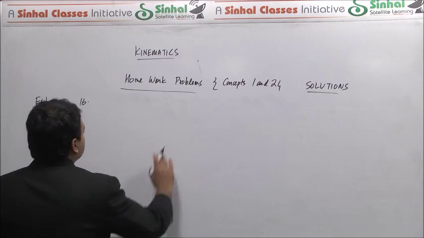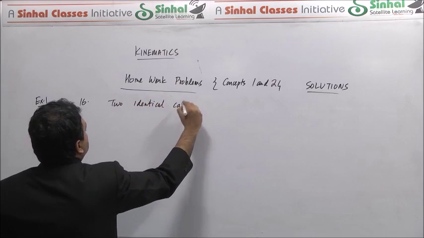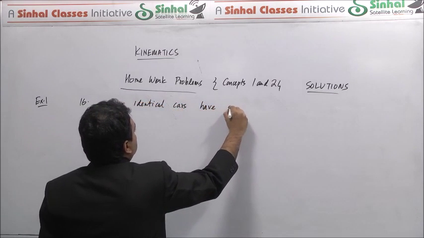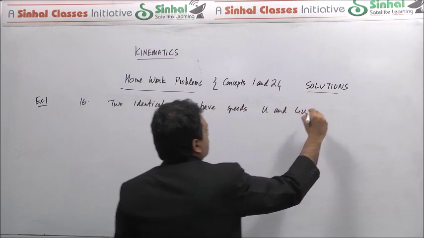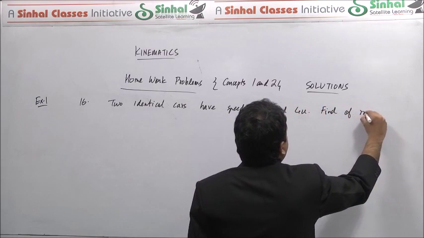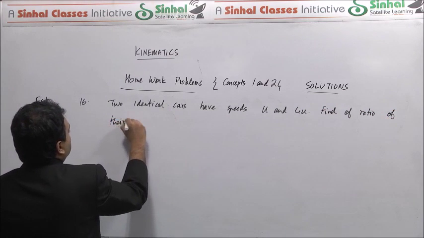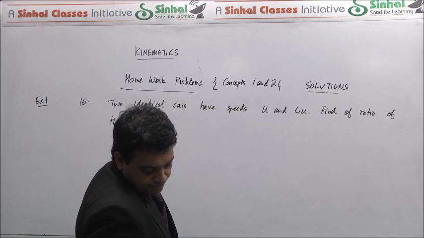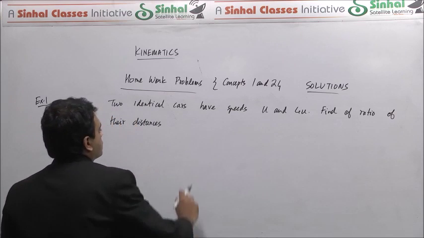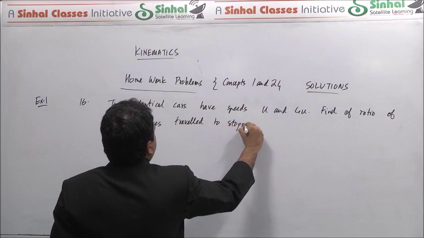Two cars have speeds of u and 4u. Find the ratio of their distances to stopping.